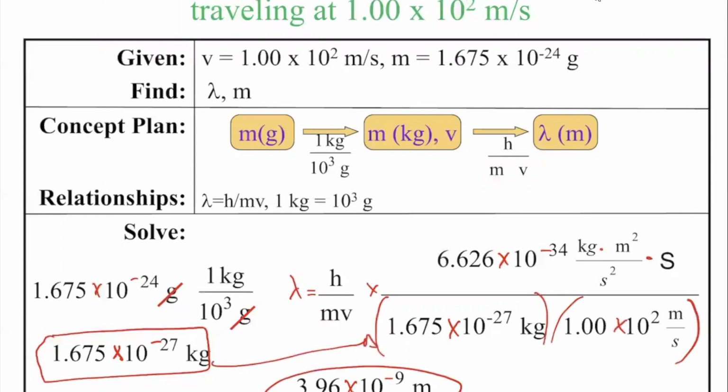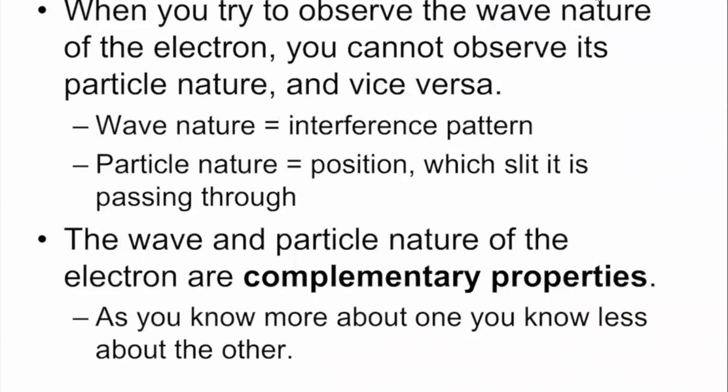What we are going to go over next is this idea that an electron has complementary properties. What that means is that a single entity can behave as a wave and a particle. As we just saw in de Broglie's relationship, the velocity of the electron is related to its wave nature.